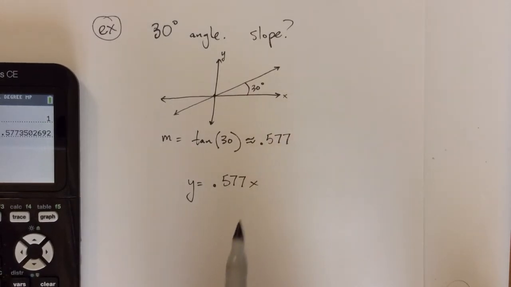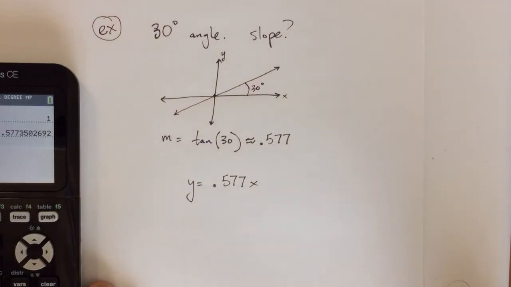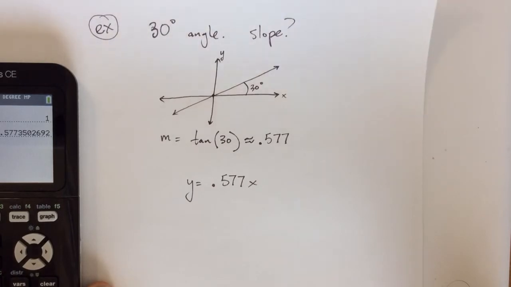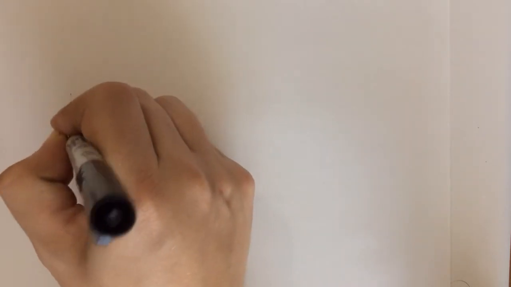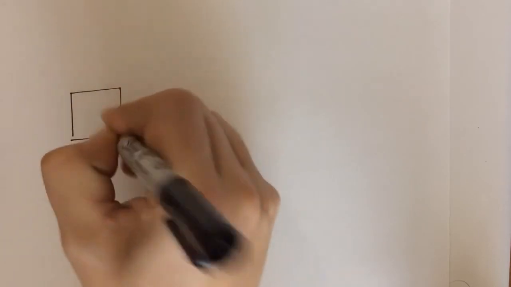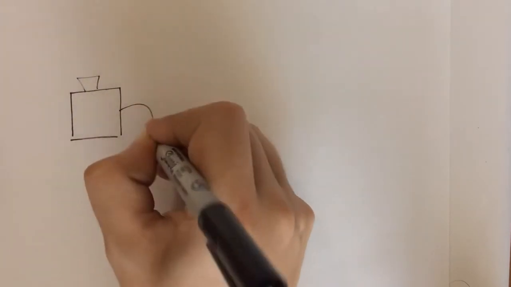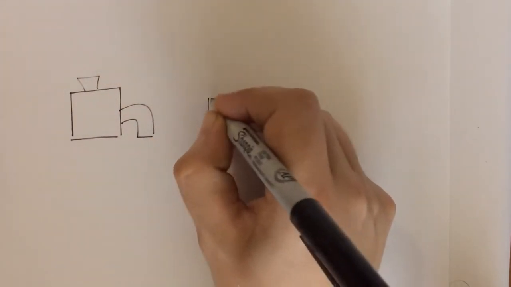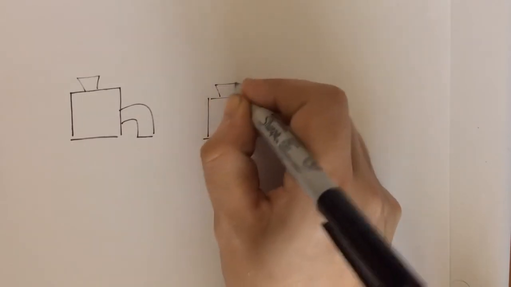The tangent function is something that you haven't used before. I think it's really useful because, as you can see, it goes from degrees to slope. I think that's pretty cool. There's another function on your calculator that does that backwards. Last year we learned about functions, and we also learned about inverse functions.